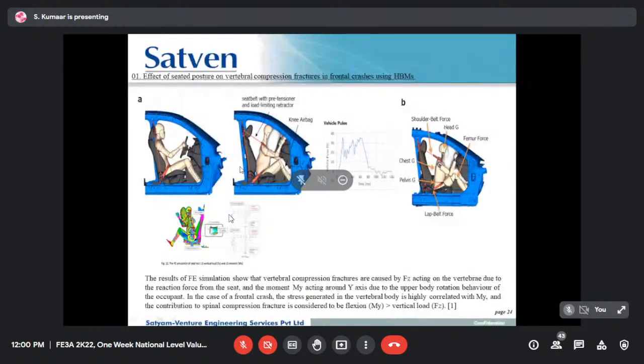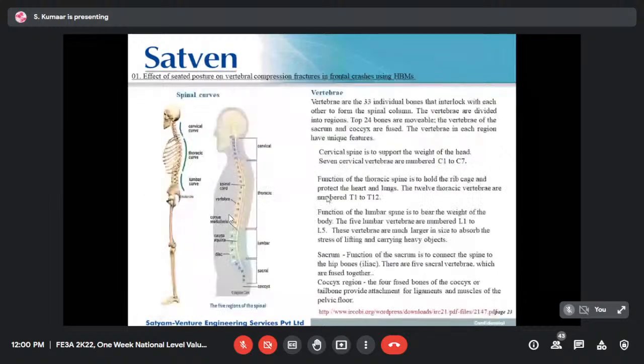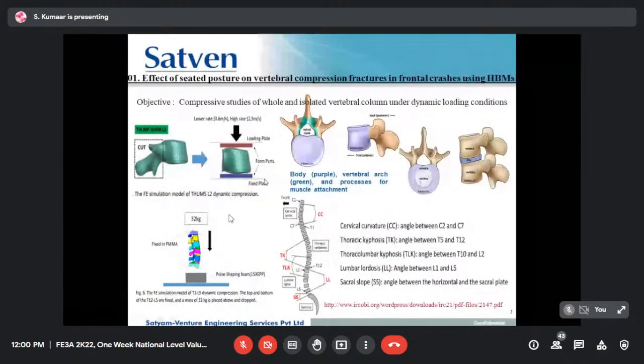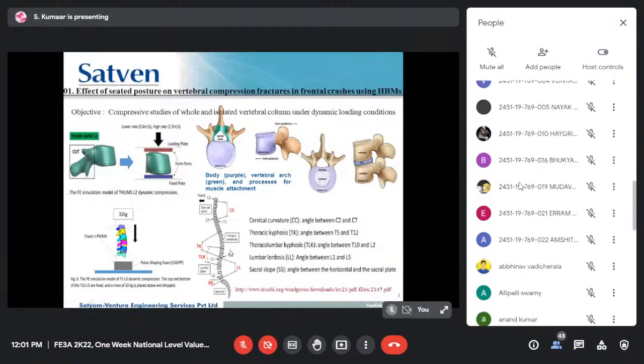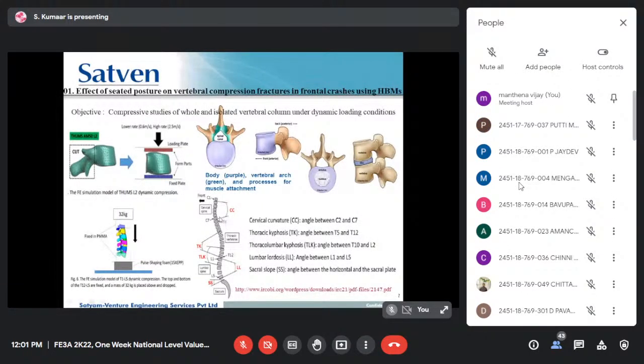Now, why are we studying the vertebra? Based on the vertebra, the posture of the spine will change. Here we can see different kinds of posture.